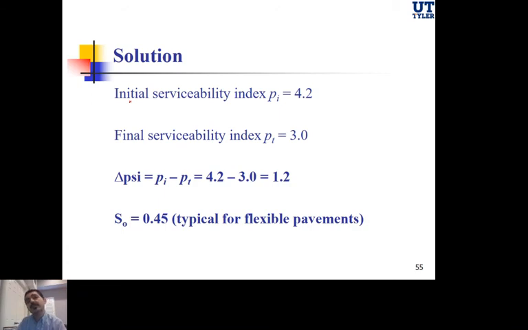Next, I need to get the serviceability index, or delta PSI. Remember, we had pi minus pt, and this is going to be equal to the delta PSI. The pi, the initial serviceability, if it's given to you specifically for this problem, you can use it, but if not, typically for any new flexible pavement roadway, it's 4.2 minus pt. The terminal serviceability depends on the importance of this highway.